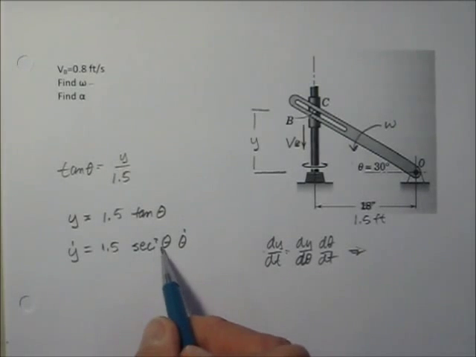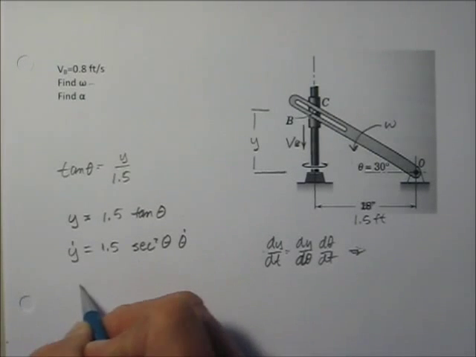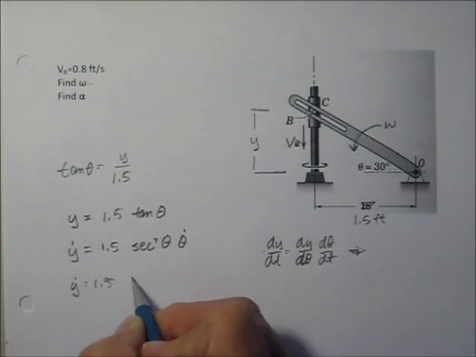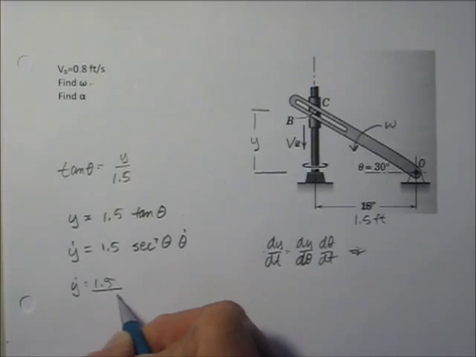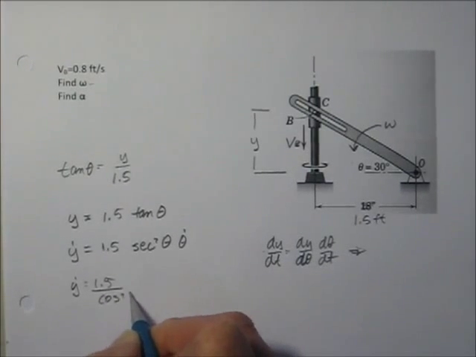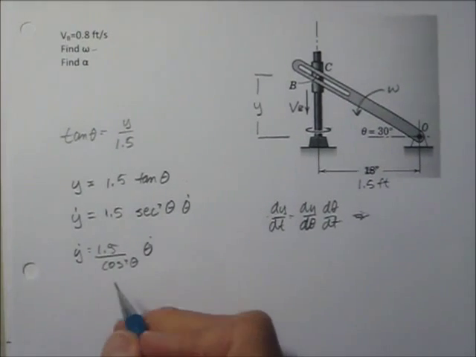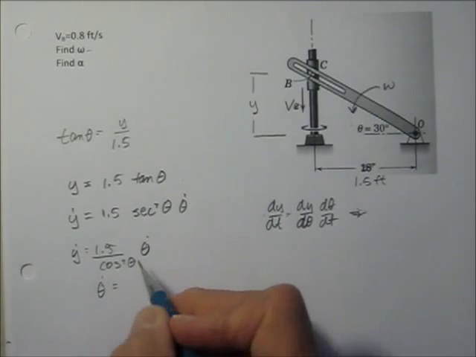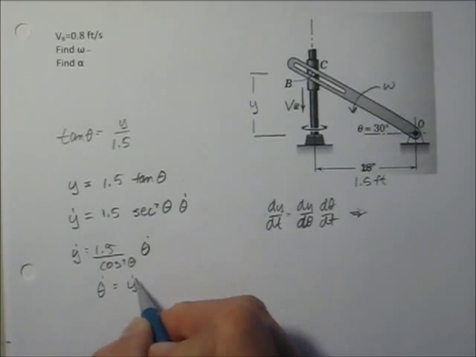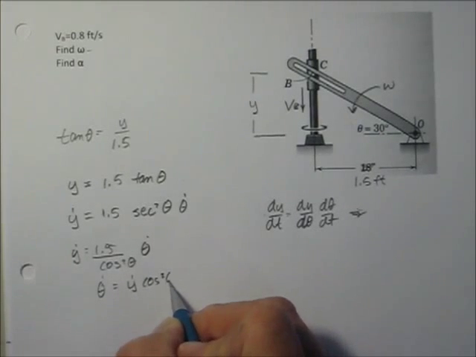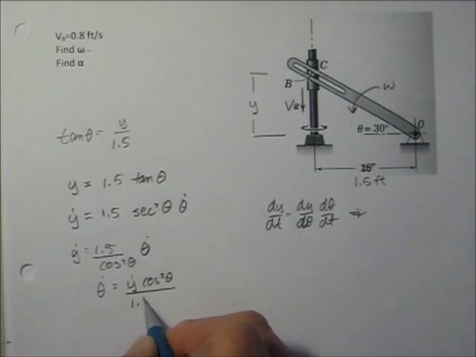Let's put this into something we like better. I'm going to say that y dot is equal to 1.5 secant, which is 1 over the cosine squared theta, times theta dot. And so I can say now that theta dot is equal to y dot cosine squared theta over 1.5.